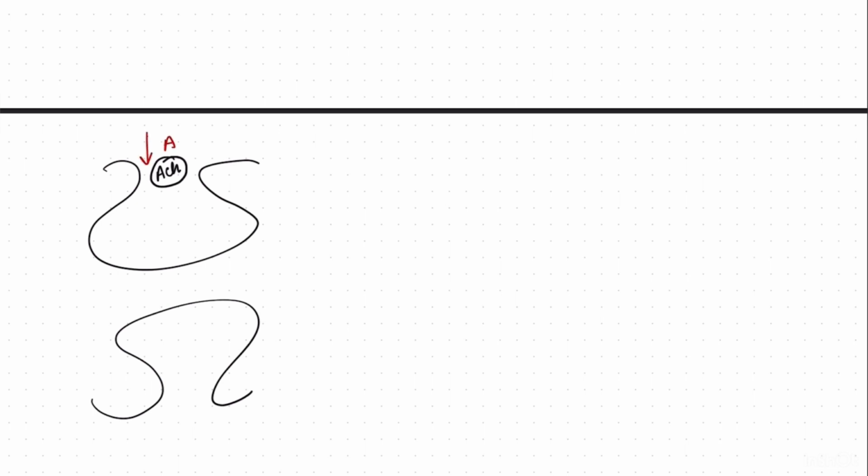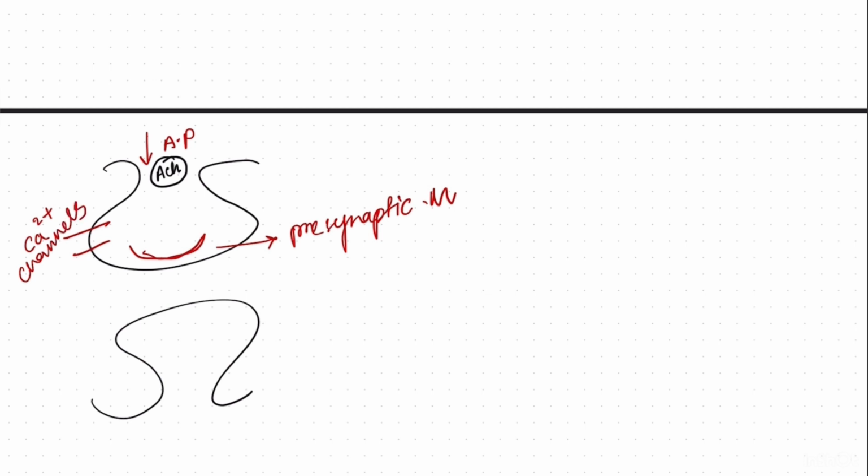When the action potential comes, it depolarizes the presynaptic membrane and leads to opening of calcium gated channels. Depolarization of the presynaptic membrane causes an influx of calcium ions. These calcium ions make the vesicle contract and fuse with the presynaptic membrane. The vesicle binds with the presynaptic membrane and releases acetylcholine into the synaptic cleft.